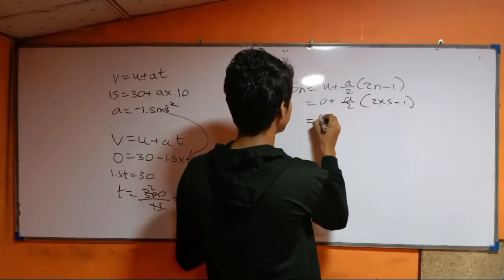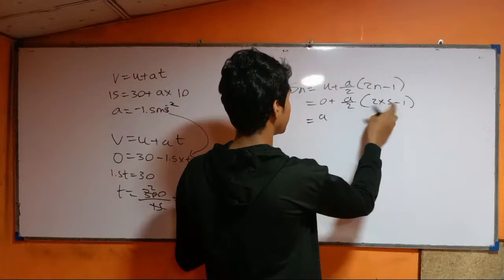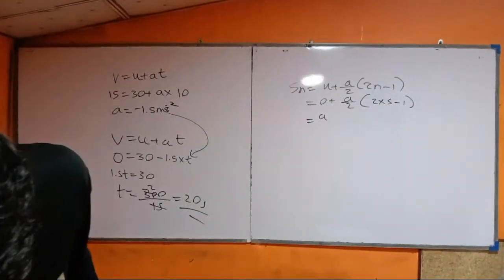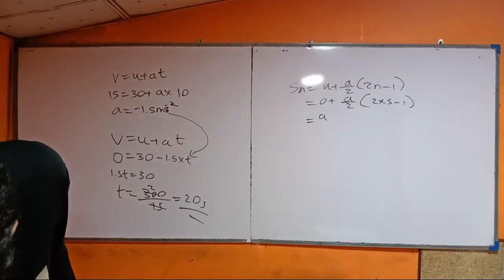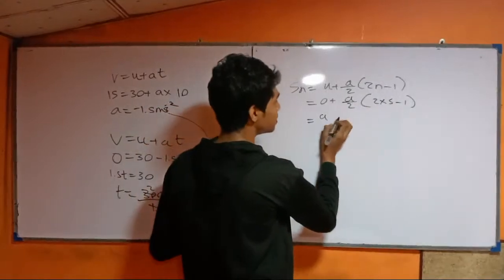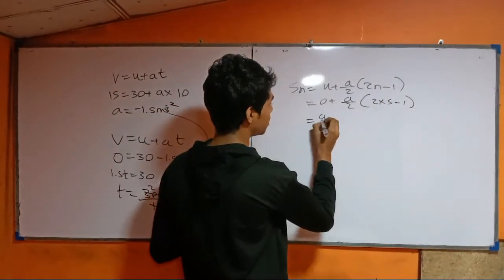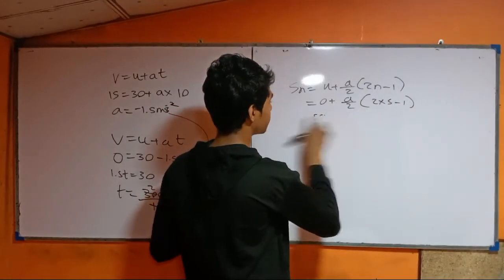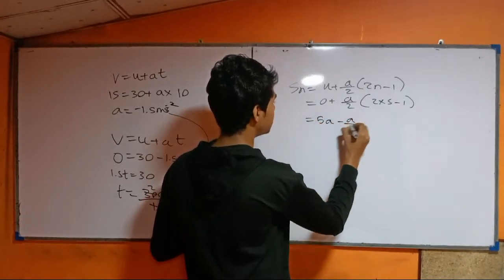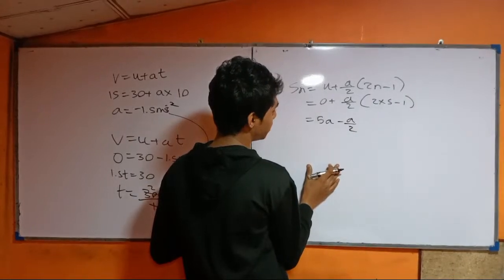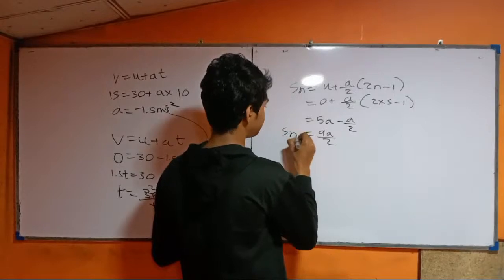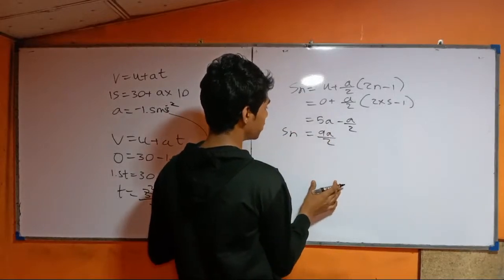What is the velocity at the end of the 5th second? So a over 2 into that, which is going to be 10a minus a over 2. So that's going to be 9a over 2. Am I correct? Sn is equal to 9a over 2.